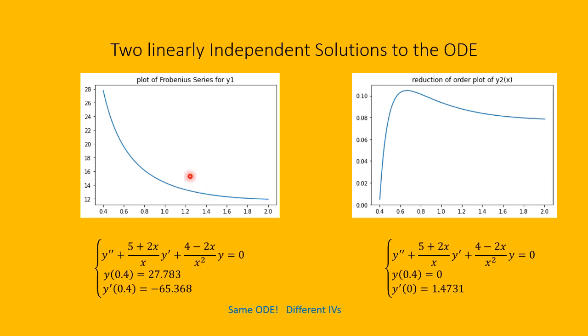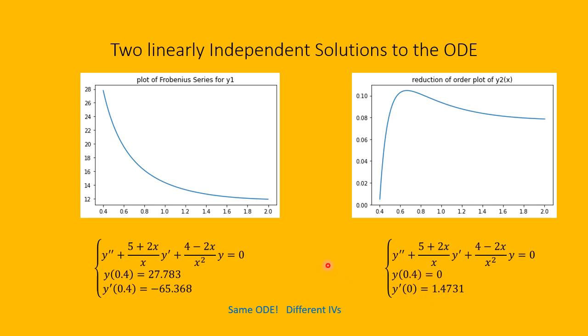So when we compare y sub 1 with y sub 2, we have the same ordinary differential equation here and here, but different initial conditions. The initial values here are not the same as the initial values here.